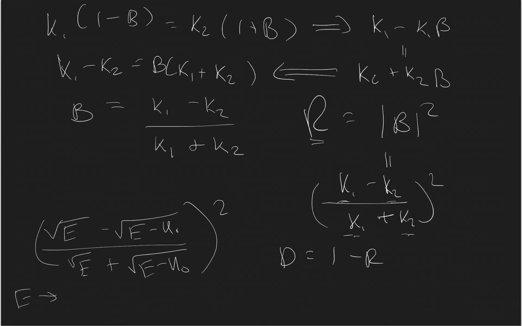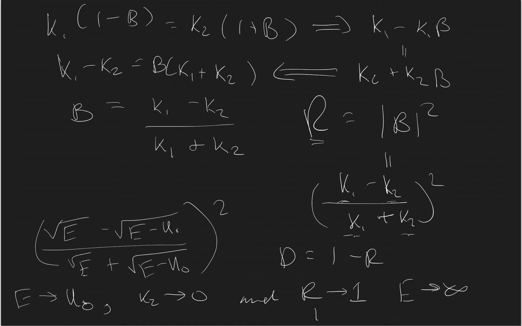And so note that as E approaches that actual energy level, k2 goes to 0. And also note that for the squared modulus, the reflection coefficient, which is how much that wave is being reflected, as it goes to 1, it's completely reflecting the wave.